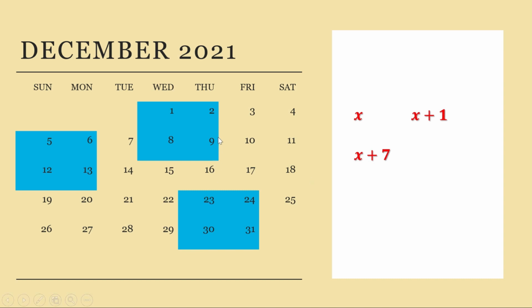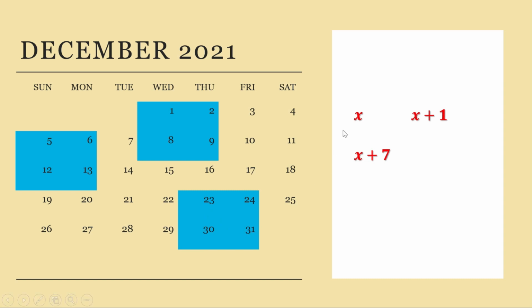Now observe the fourth number. When the first number is 1, fourth number is 9. When the first number is 5, fourth number is 13. When the first number is 23, fourth number is 31. How do we get the fourth number from the first number? 1 plus 8 is 9. 5 plus 8 is 13. 23 plus 8 is 31.